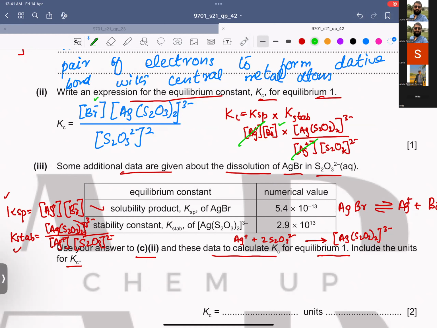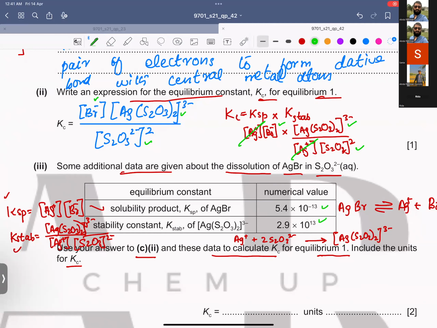Now we are left with the bromide ion and the concentration of the complex, and the square of the concentration of thiosulfate S2O3 2 negative, and we know both the values.